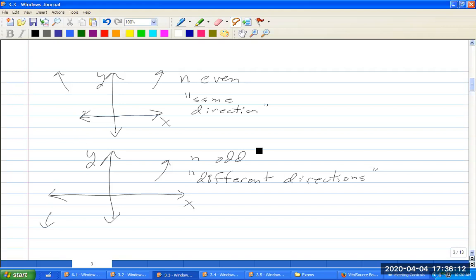If n is odd, so if I have a polynomial of odd degree, then the tails here will go in opposite quadrants. So they go in opposite directions. So if n is even, they go in adjacent quadrants. If n is odd, they'll eventually go into opposite quadrants.